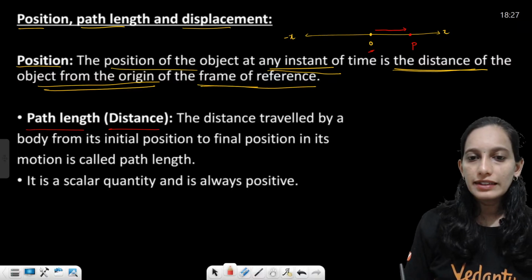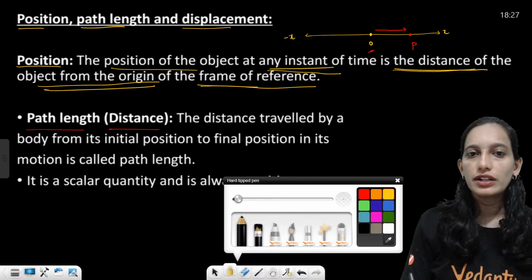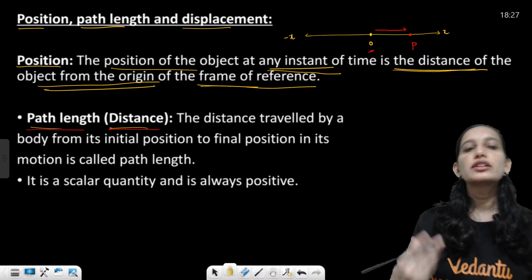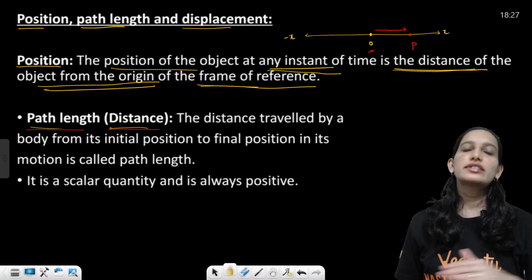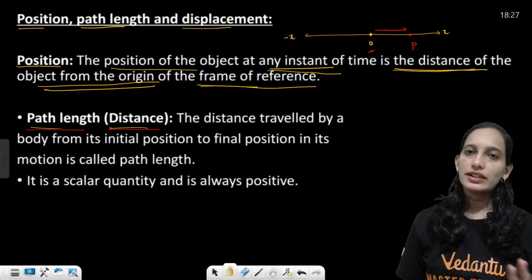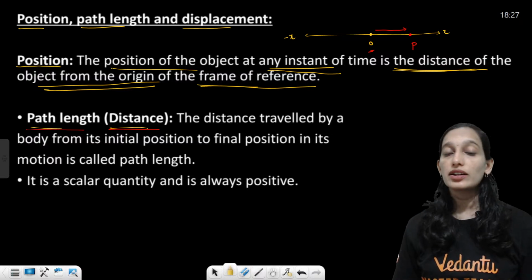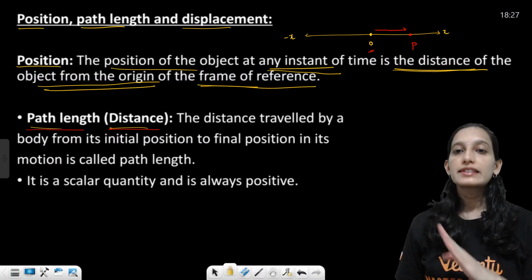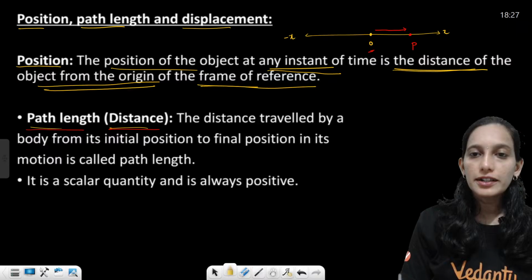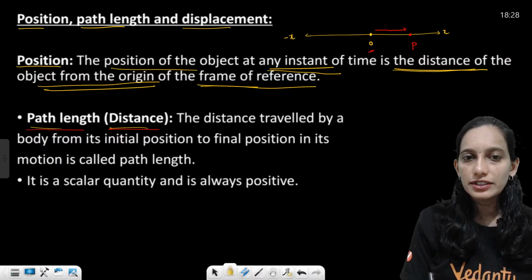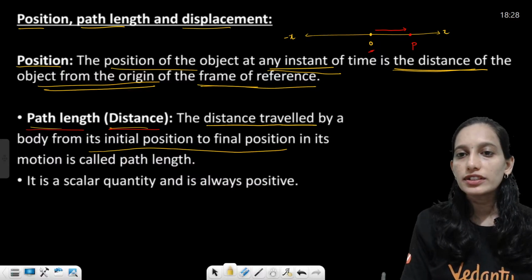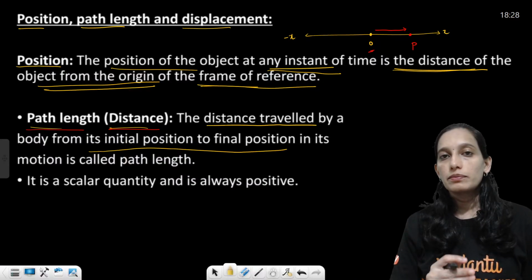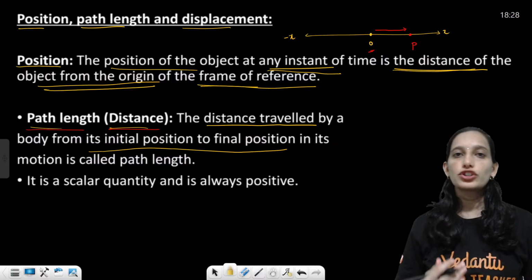Path length or distance traveled, we say. Some of us will use the word path length, some may use the word distance. It's a scalar quantity. Distance traveled is a scalar quantity. Path length is nothing but the actual distance traveled from the initial position to the final position.